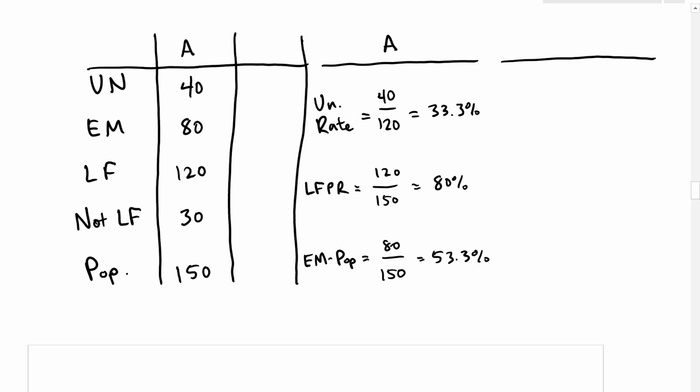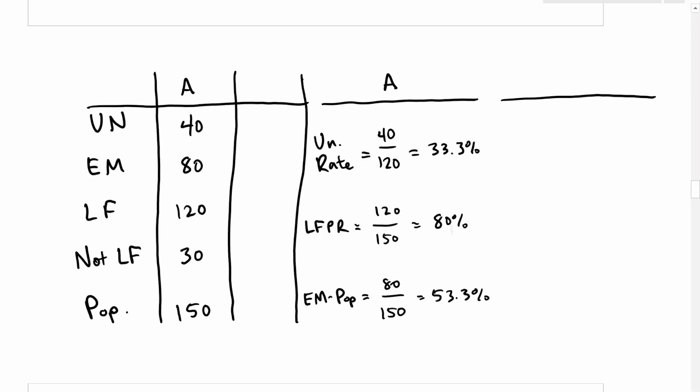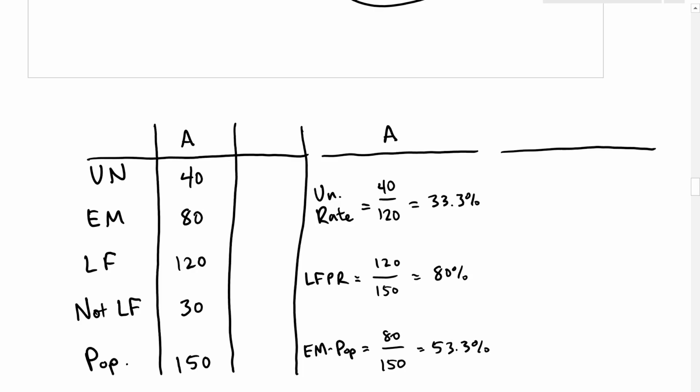Okay, so that's our baseline. That's where we're starting. But I want to come back to this concept we talked about in the previous video, for scenario B, where we now have 10 discouraged workers.